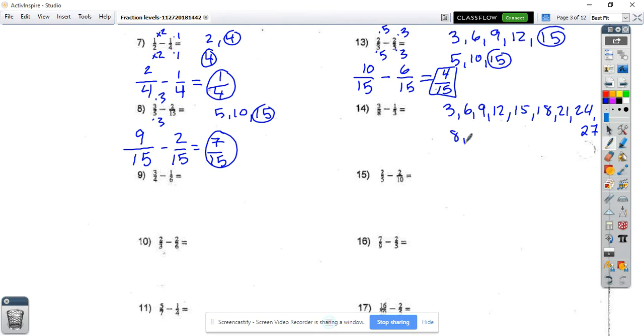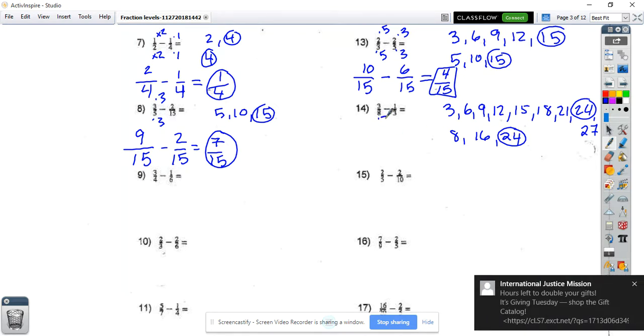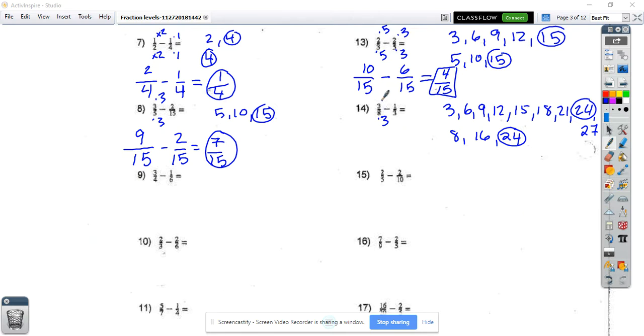And then I have 8, 16, 24. Okay, there's a 24 and there's a 24, so I'm going to stop. So my 8's I did times 1, 2, 3. So my 8's multiply times 3, and my 3/8's both multiply times 3.